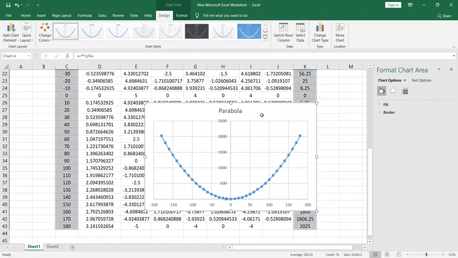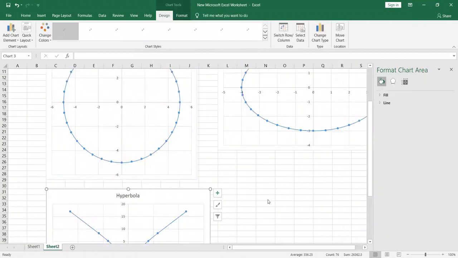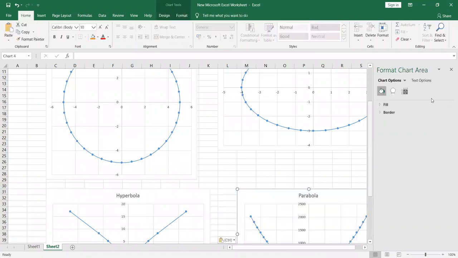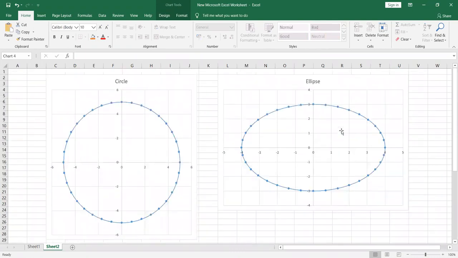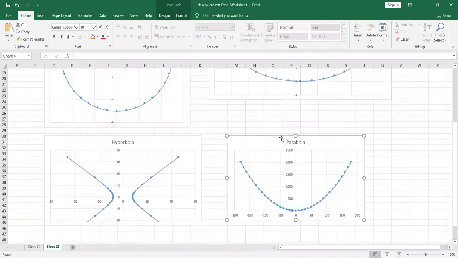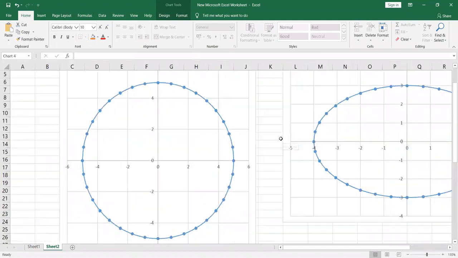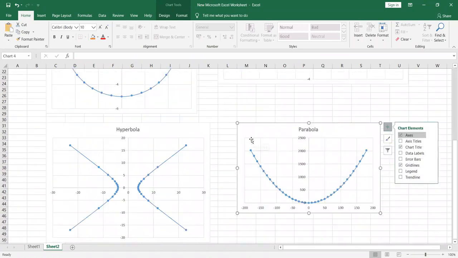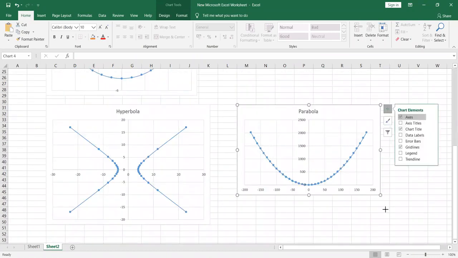Again, Control X, go to sheet 2 and select any cell and Control V. So these are all the figures of conic section. First is circle, then ellipse, then hyperbola and parabola.